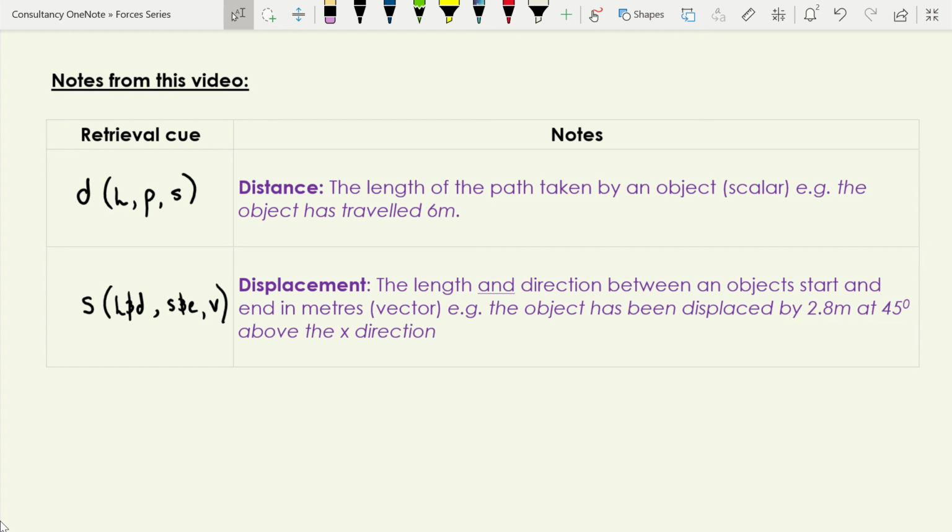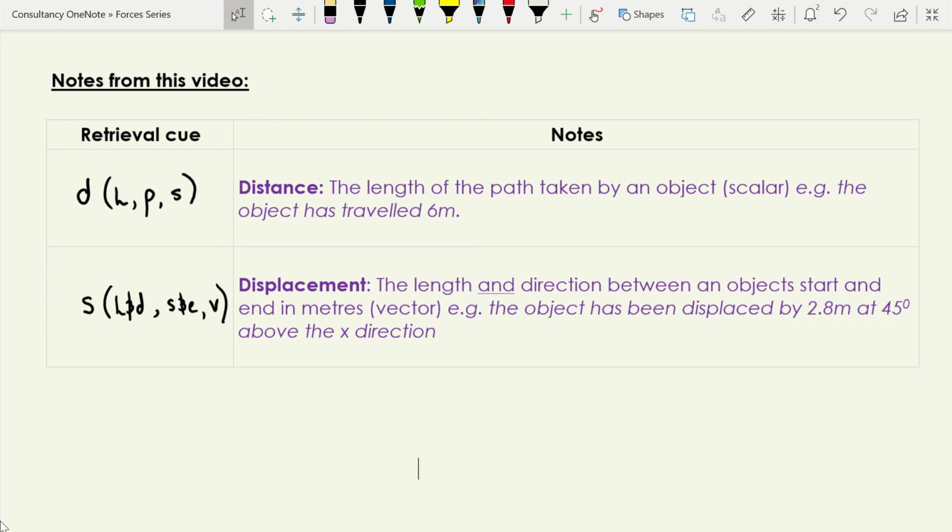So distance is the length of the path an object takes, and it's a scalar. So that's what the L, P, and S are. They give us our keywords in there, the length of the path, and it's a scalar. Whereas displacement is the length and direction between start and end, and it's a vector quantity.